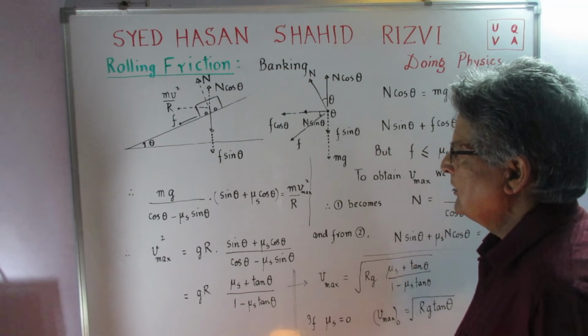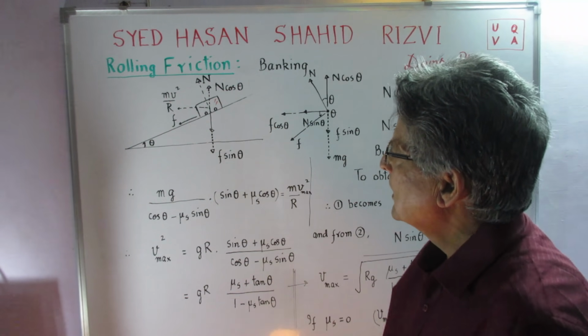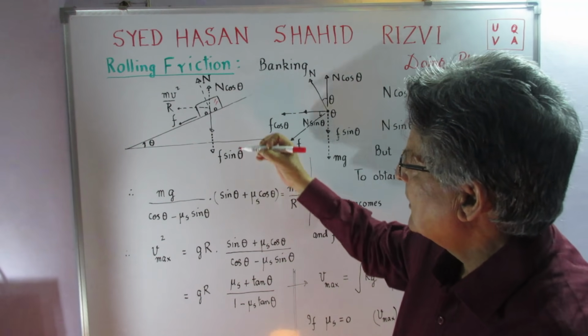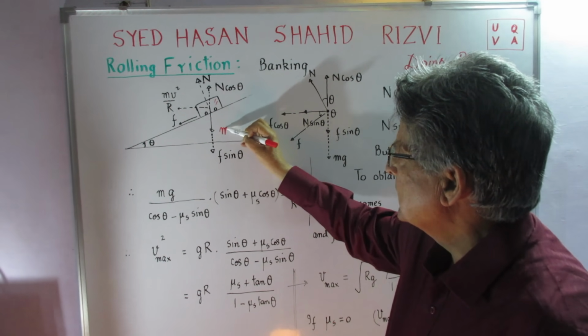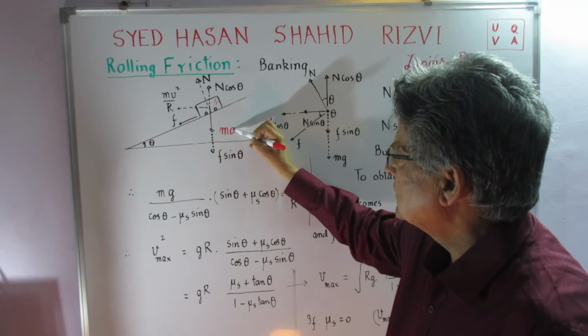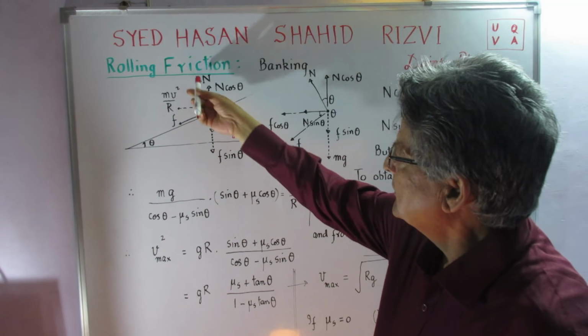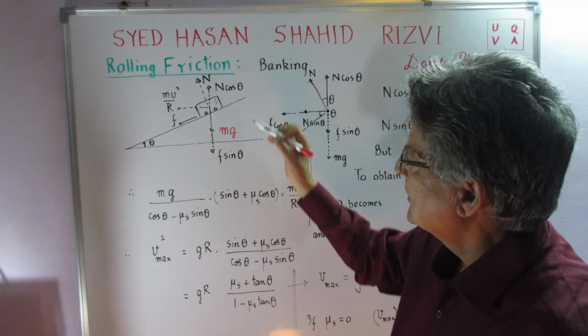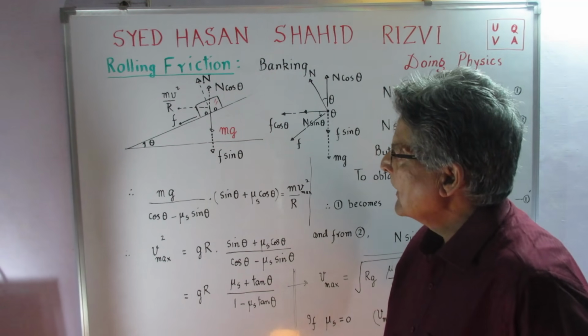And here I make a schematic diagram. This is my car, and one of the forces is mg in the downward direction, and this is the normal force normal to the road.